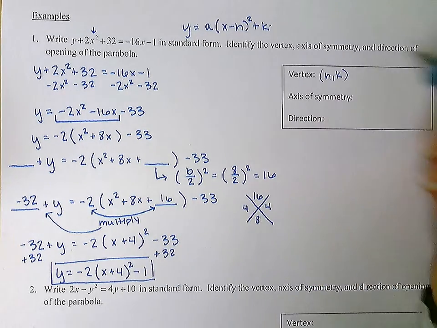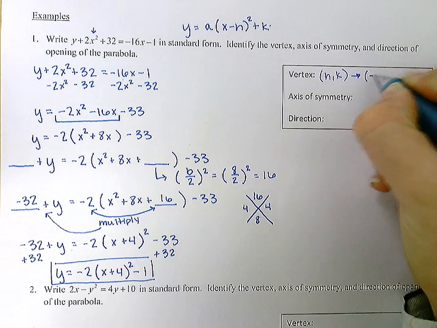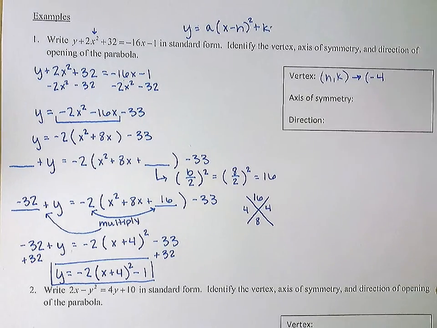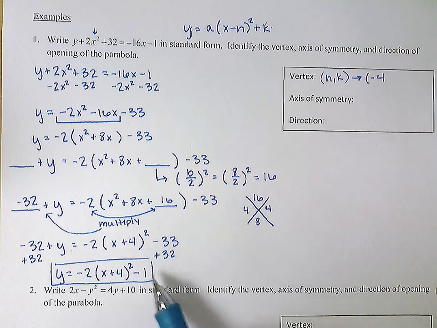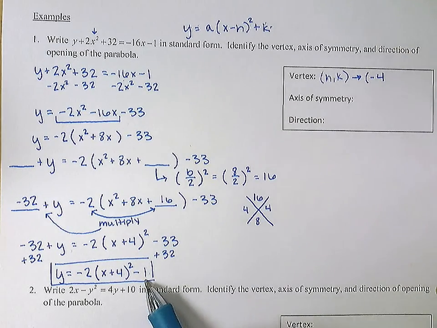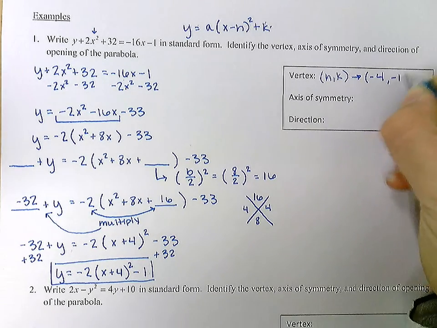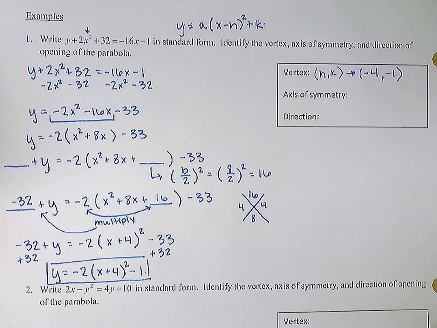The opposite there is -4. Now I don't take the opposite for k because I'm adding it on. So my k value is just -1. So that would be your vertex.